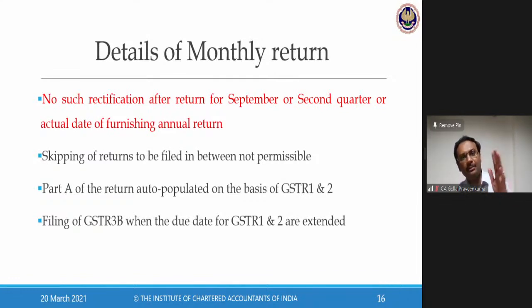Now, this important aspect, GST 3B. They say no rectification is possible after the return to be filed for the month of second quarter or September, or filing of annual return, whichever is earlier. In simple terms, the law says, whatever mistakes you have done in a particular financial year, I'll give you 6 months from the end of the financial year.